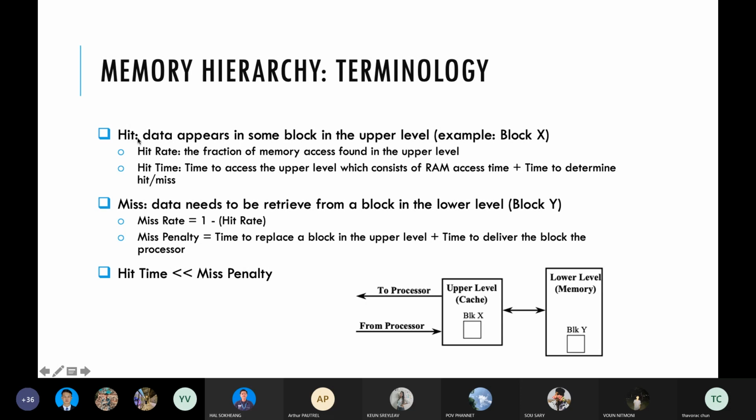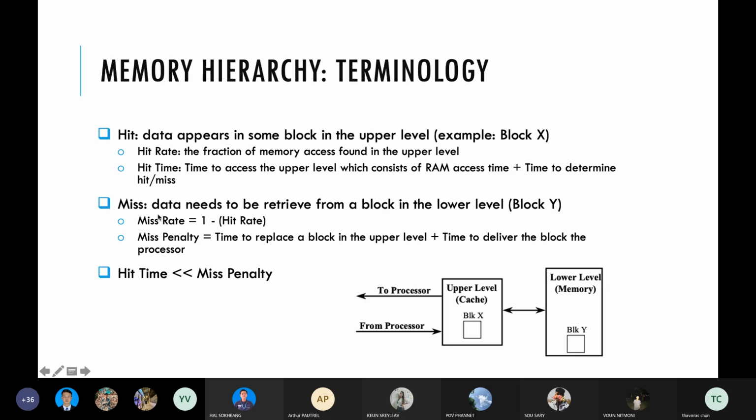When we talk about hit, we can have hit rate and hit time. Hit rate is a kind of percentage. Like the CPU makes 10 requests to cache, and it can find the data for five of those 10 requests. So the hit rate is 50%. All right.